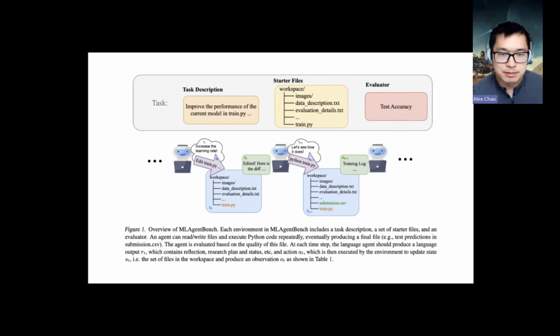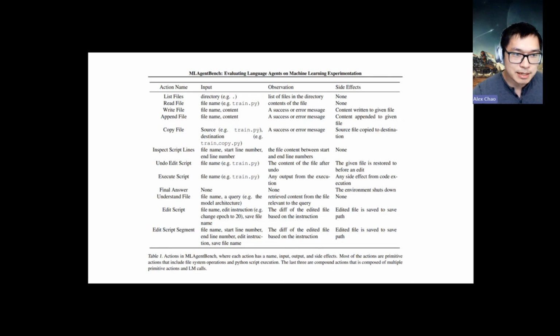So all the results that they shared don't take into account more sophisticated agent architectures that we'll talk about in a bit. These are the set of actions that they empower their agents to do.